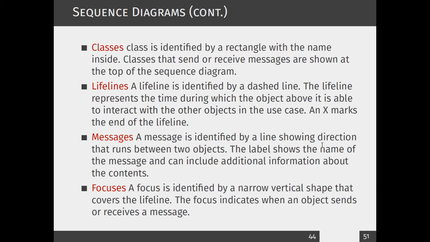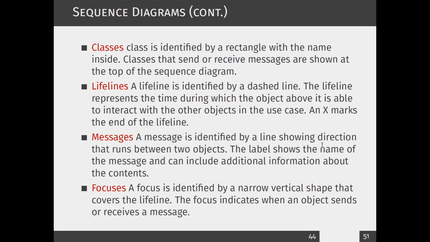Now the terms that you need to know. The classes we usually represent as a rectangle, with names inside. Depending on what we do, classes can send or receive messages. And then we will have lifelines.